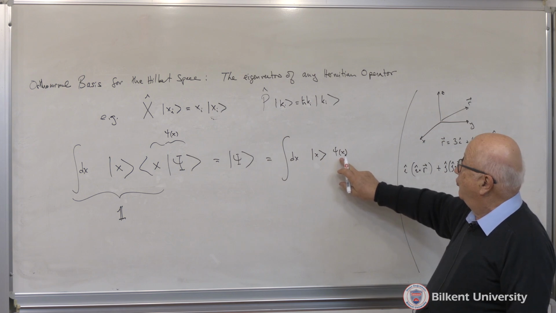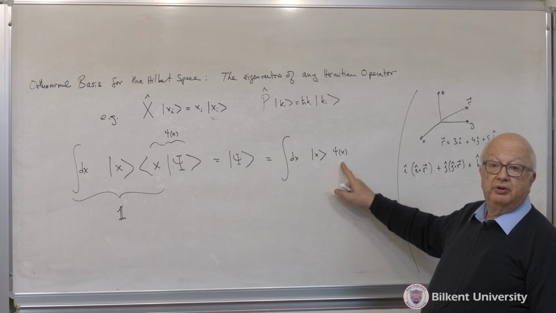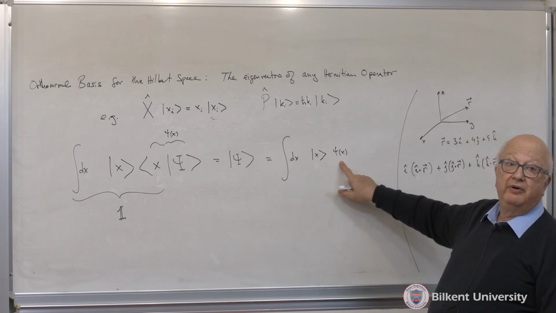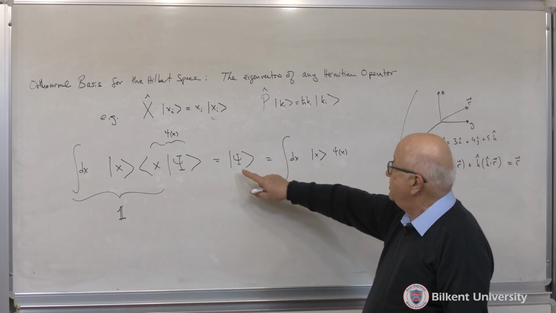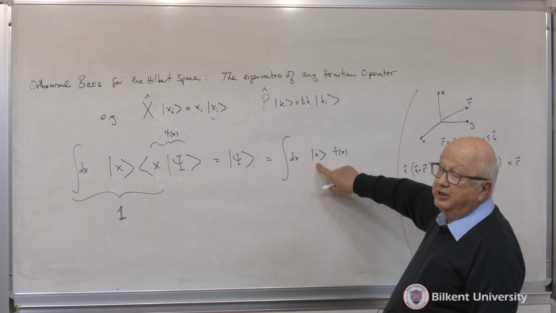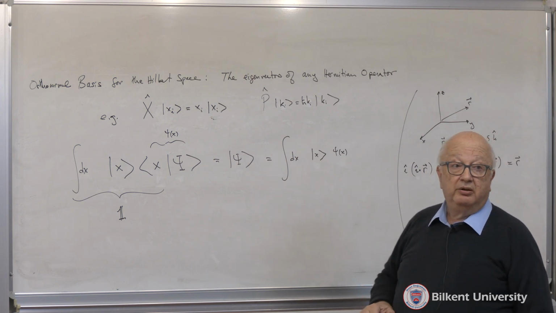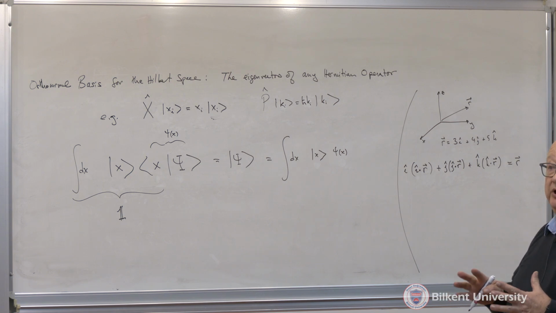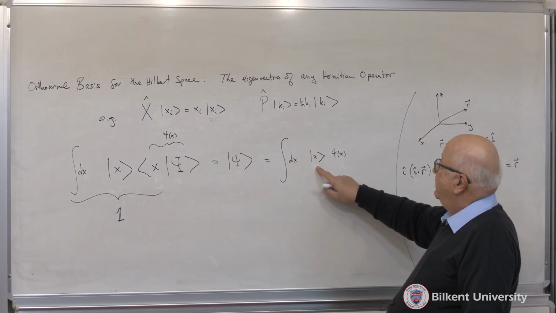These are this 3, 4, 5 values, the amount of x vector that I am going to have. So this abstract vector in Hilbert space is made up of these x vectors, which have contributions of psi x from each one of these components.